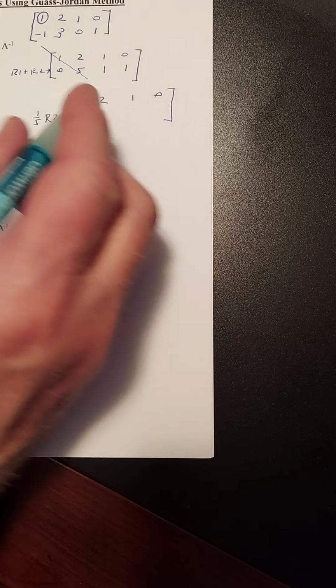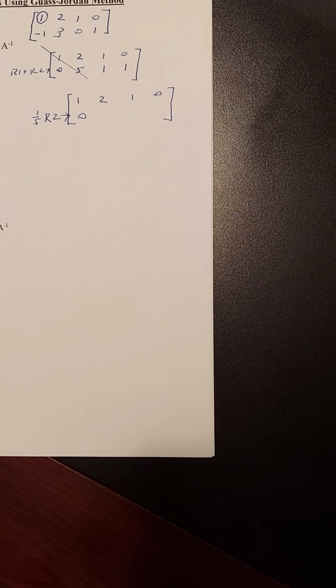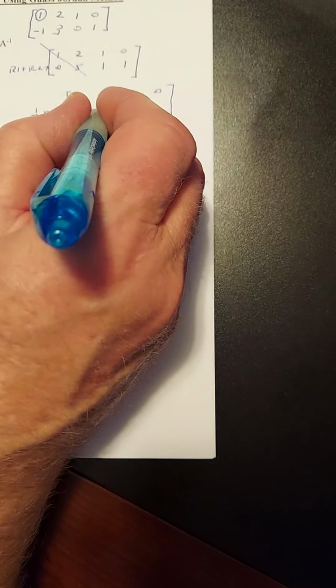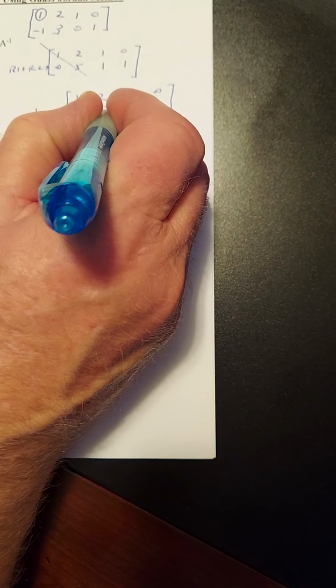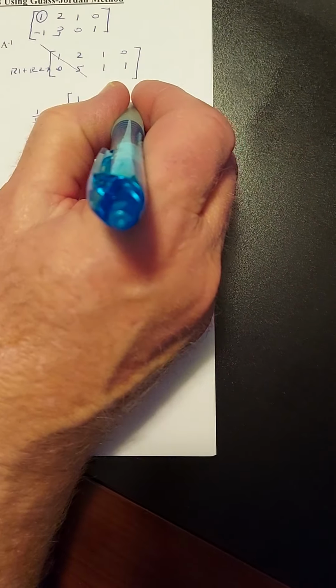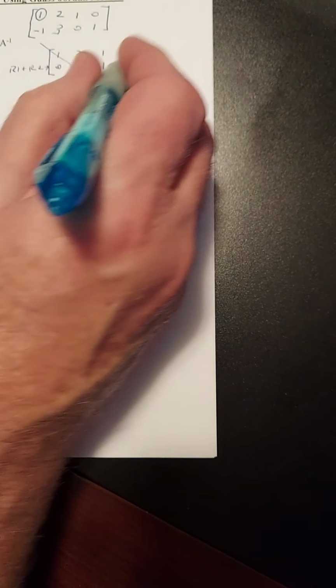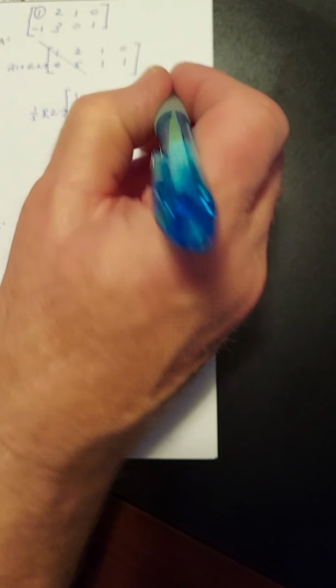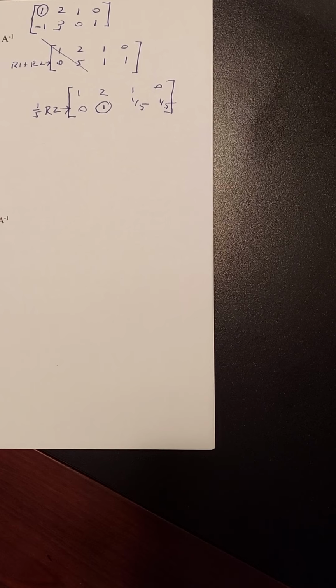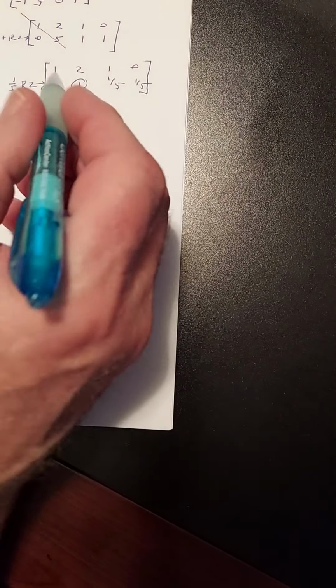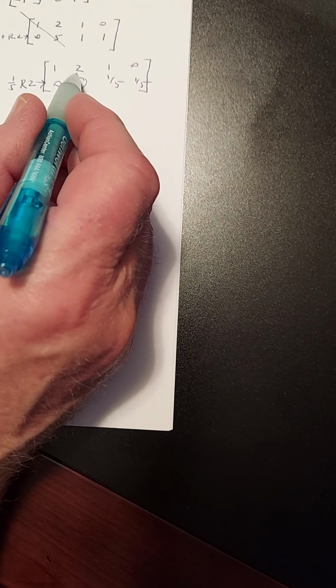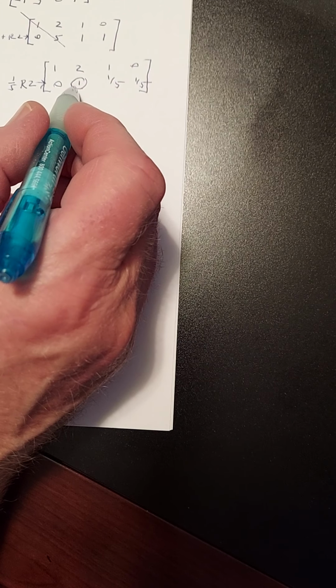So 1/5 of 0 is 0. 1/5 of 5 is 1. That's going to be my pivot, so I circle that. 1/5 of 1 is 1/5, and 1/5 of 1 is 1/5. I've got 1, 0, 1. I want to get a 0 where the 2 is using that 1.